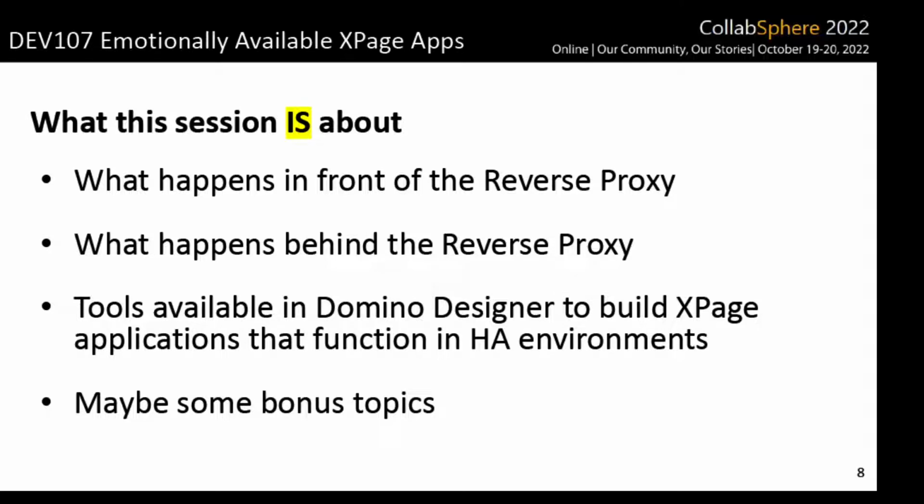So what is happening in front of the reverse proxy, what's happening behind the reverse proxy, and the tools that are available in Domino Designer today to help build XPage applications that will function in HA environments. And if we have time, we'll get to some bonus topics as well.